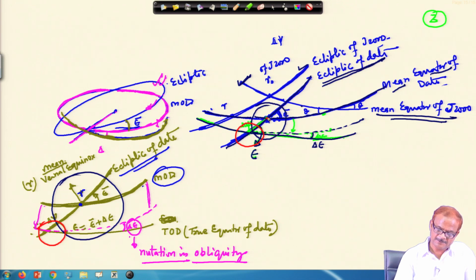So, taking this point here in this place, and then giving delta psi here, this rotation along this line, and then again giving rotation by epsilon, we get this final result.